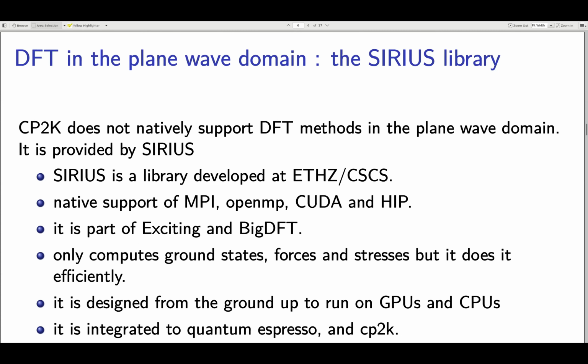And the last thing I want to say is that combined with CP2K methods, you can consider this solution, CP2K on top of Sirius, sorry, as a good alternative to Quantum Espresso.